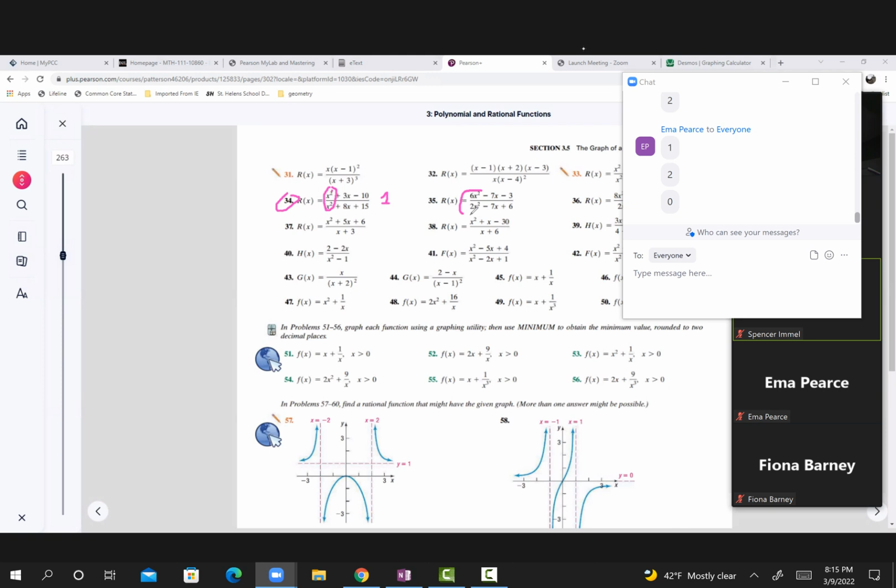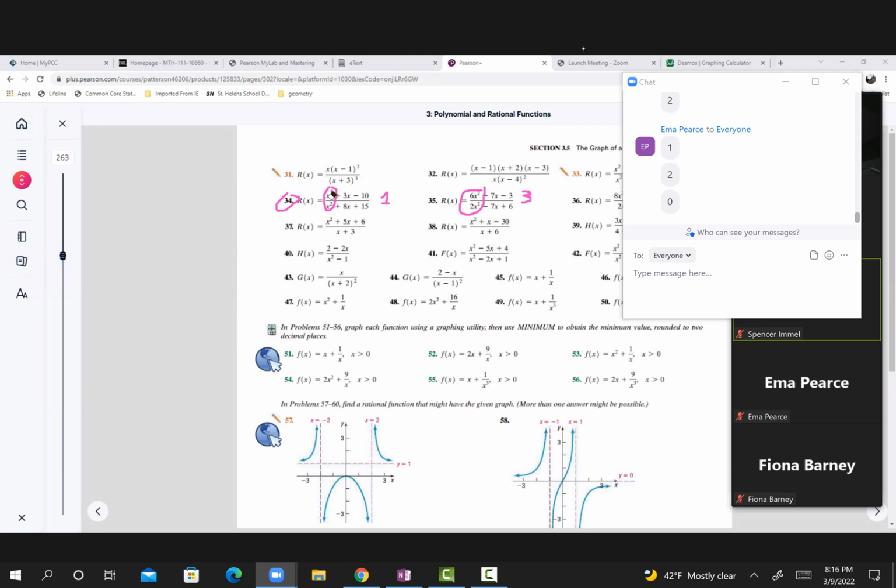This one here, again, the degrees are the same, but I have a 6 and I have a 2 there. So if I divide that, my horizontal asymptote is going to be at 3 this time. So don't pay attention to these numbers, only to those leading coefficients. Just follow your rules.